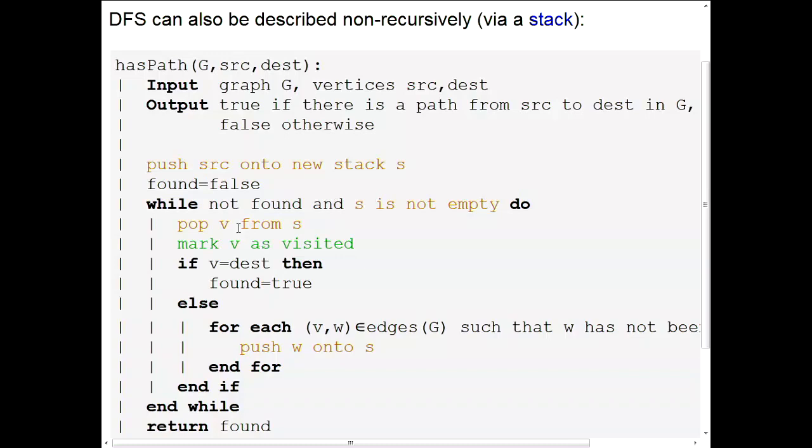Then you pop the latest element from the stack. You mark it as visited to make sure that you don't run in circles. And if you have just popped the destination, you know that you've found your path. Otherwise, you consider all the edges from the vertex that you've just popped off the stack, so that W has not yet been visited, and you push that onto the stack.